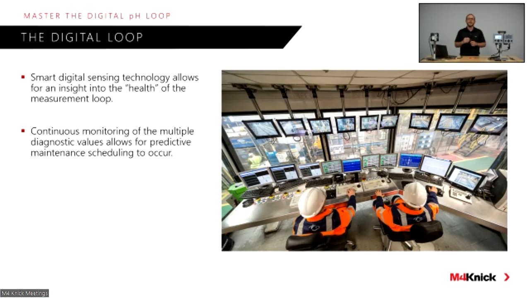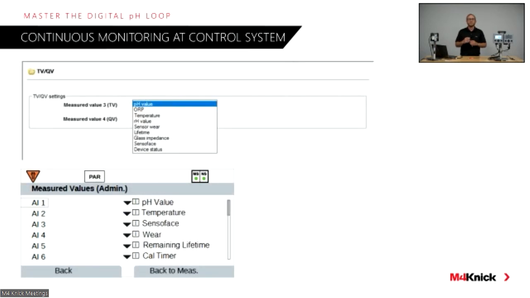If you see here on the next slide, this is specific to HART technology, but again, just like all the other protocols that I mentioned, Modbus, Ethernet base, Field Bus, Profibus, these digital communication outputs from transmitter to control system allow access to the diagnostic values that are continuously being monitored on the head of the sensor. So as you can see here, we've got a HART variable selection here in a configuration menu.